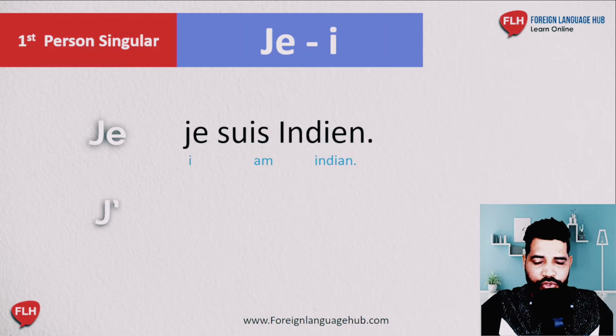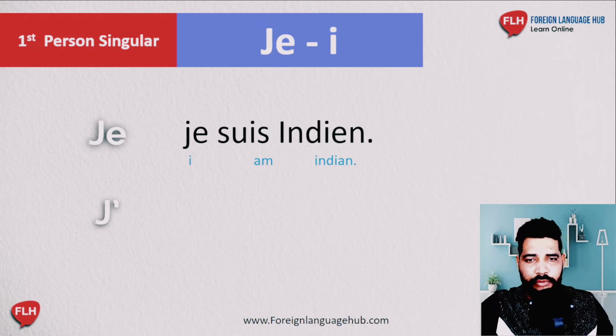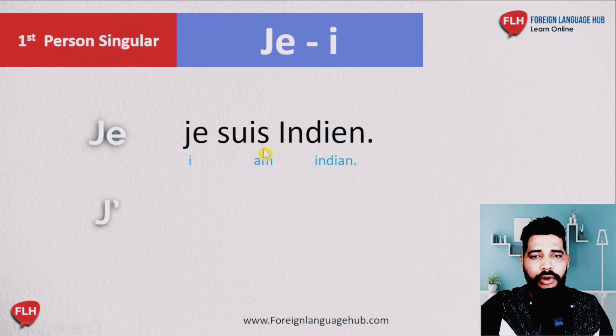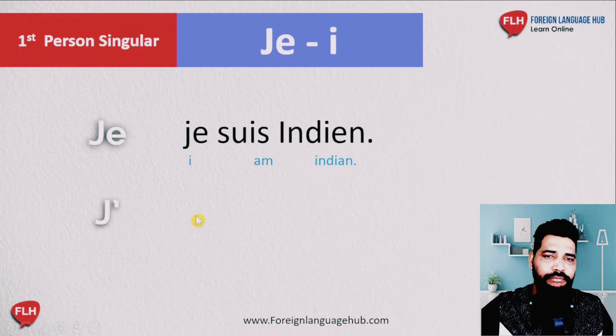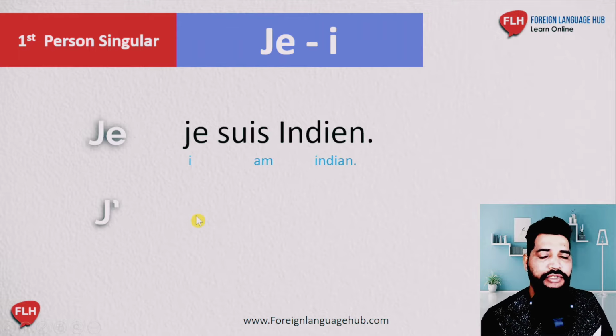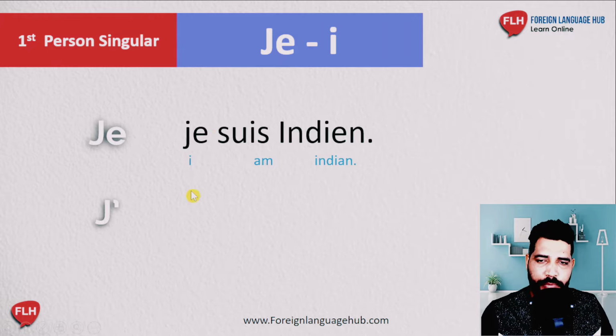We'll write it je apostrophe if the verb, like this is subject, this is verb, starts with H or a vowel. In that case, two vowels are facing, which is a common thing in French, right? It's a rule. If two vowels are facing, the first word's vowel will be removed and an apostrophe will be placed here.